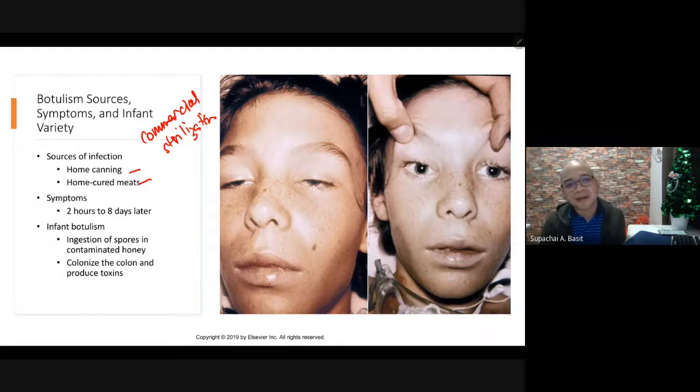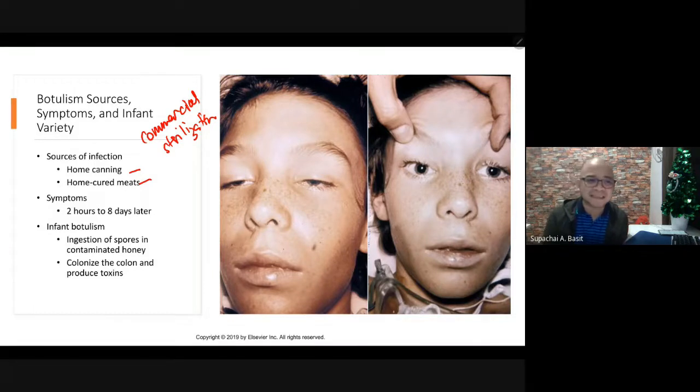If you remember our discussion on commercial sterilization, it is the application of enough heat to destroy the spores of Clostridium botulinum. Symptoms could appear 2 hours or even 8 days later.